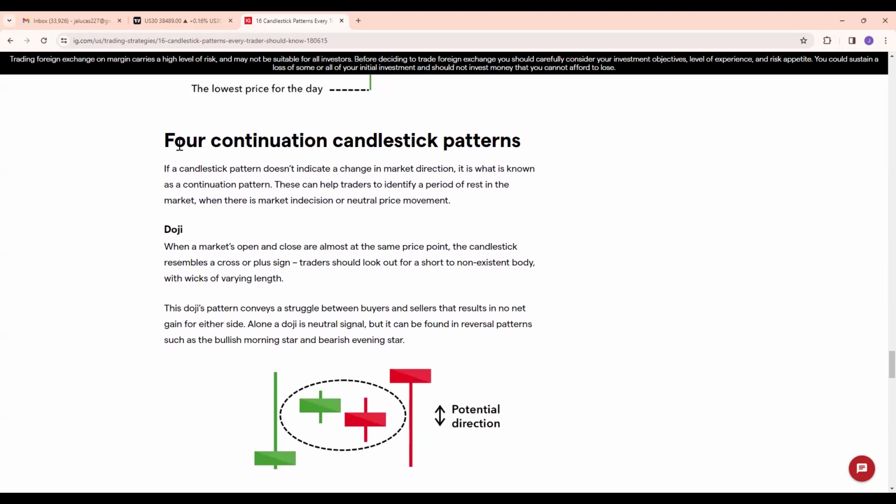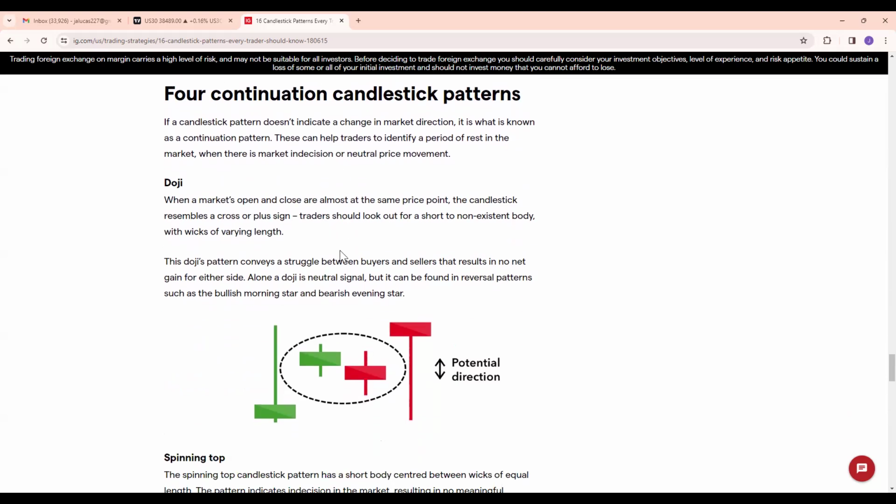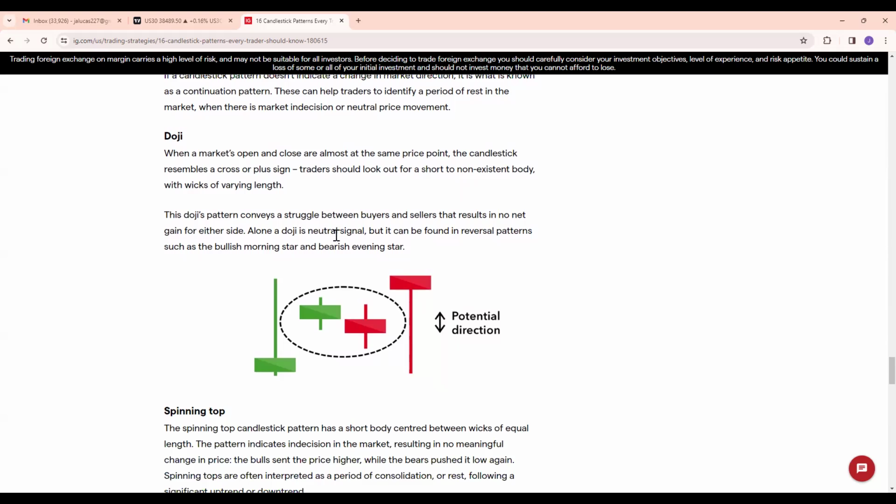And then we have continuation candlestick patterns. We talk a little bit about dojis and how they can represent a continuation. Sometimes they don't end up being a reversal. They end up being a continuation.